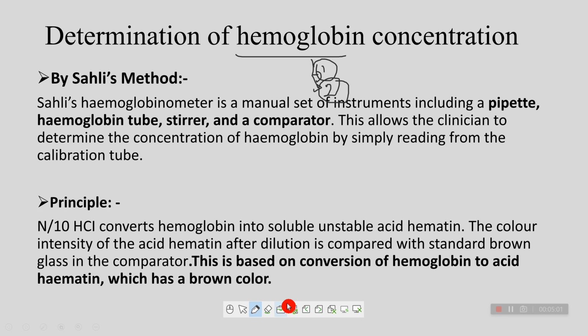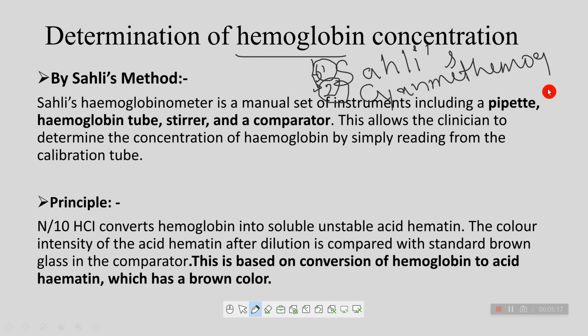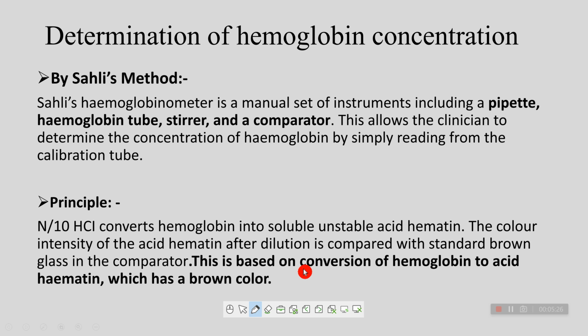The first method performed for hemoglobin concentration is Sahli's method, and the second method is the cyanmethemoglobin method. So, the first one is Sahli's method and the second one is the cyanmethemoglobin method.